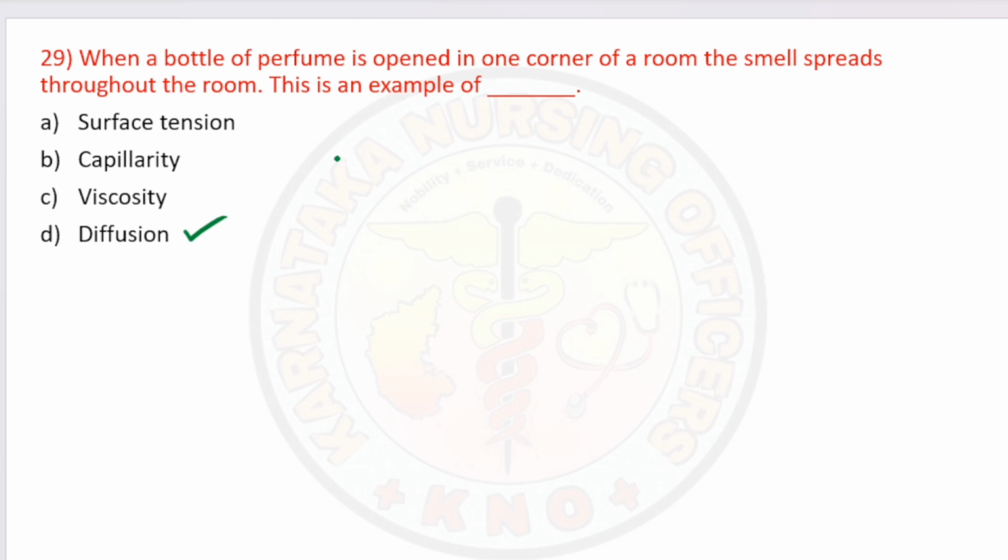What do you mean by diffusion? It is a movement of molecules from higher concentration to lower concentration. Higher concentration to lower concentration is called diffusion. So by this process, the perfume is spreading throughout the room.